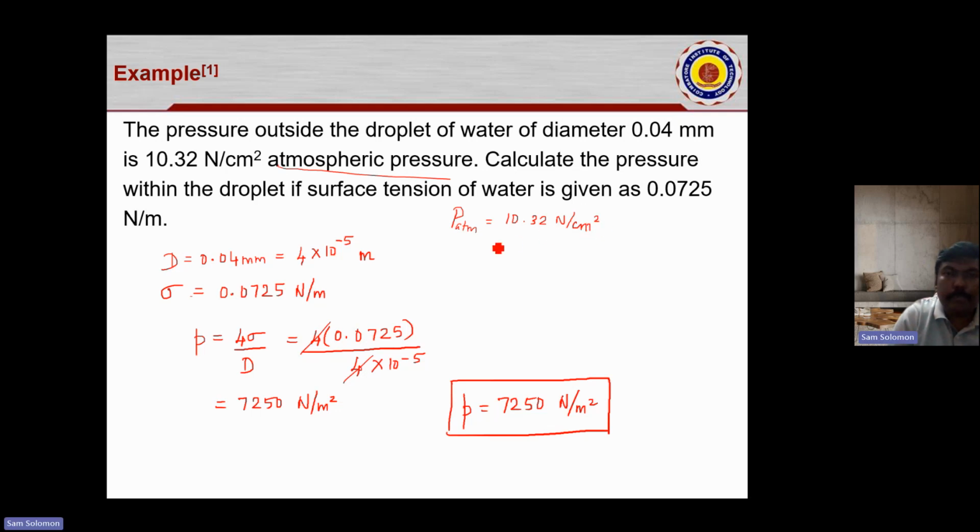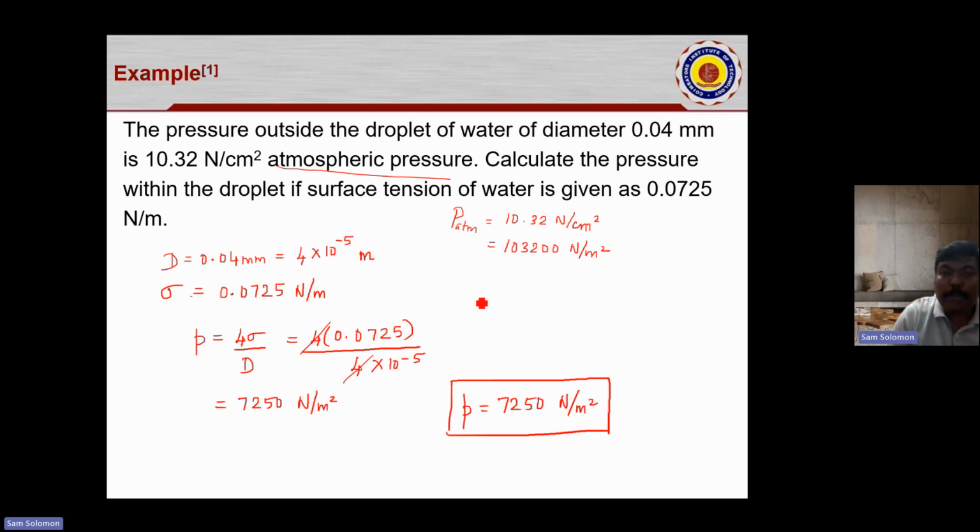So if we convert this to Newton per meter squared, it has to be multiplied by 10 to the power 4. So that would be 103200 Newton per meter squared. Okay, so what we require is the pressure within the droplet.